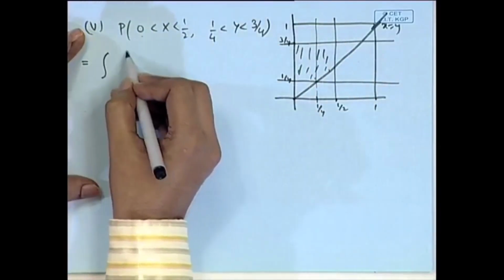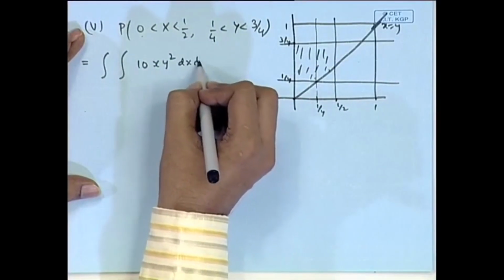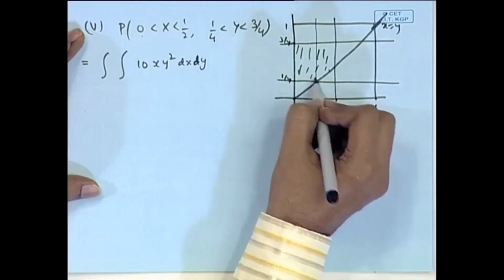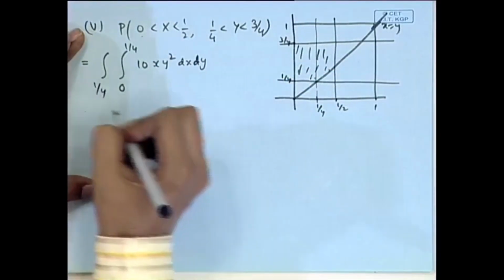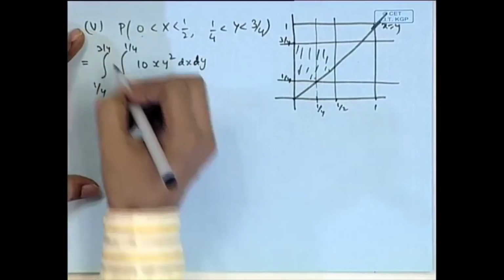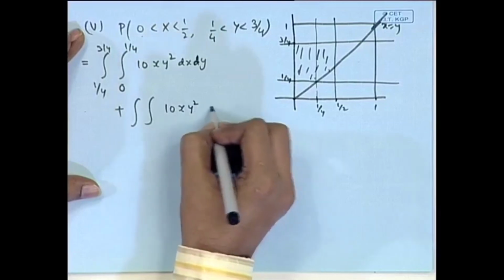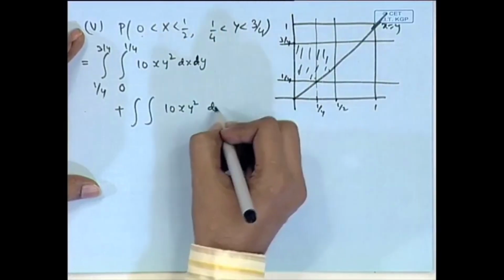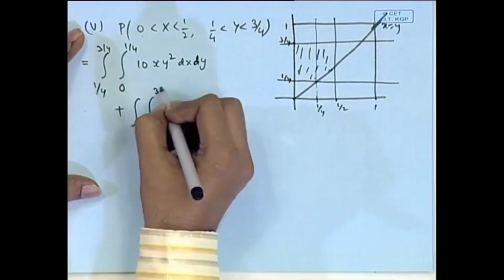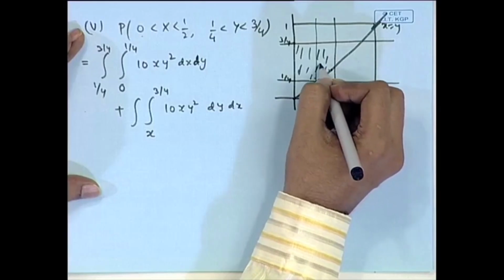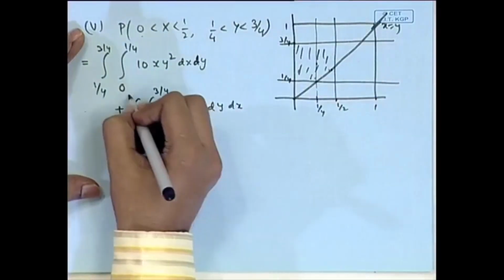So, if we integrate the density 10xy² dx dy, then in this region x is from 0 to 1/4 and y is from 1/4 to 3/4, plus in this portion we may consider it with respect to y first. y is from x to 3/4 and x is from 1/4 to 1/2.